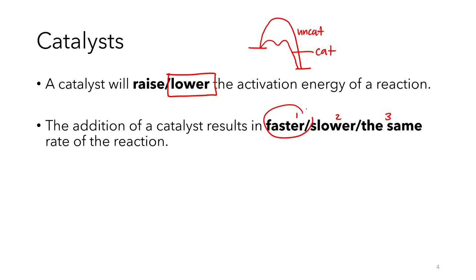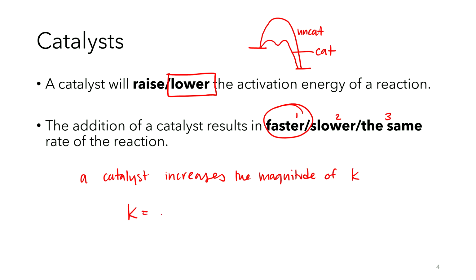It goes faster. I could extend this and say a catalyst increases the magnitude of K. Right? Because K equals A times e to the negative EA over RT. And the catalyst is changing this value.